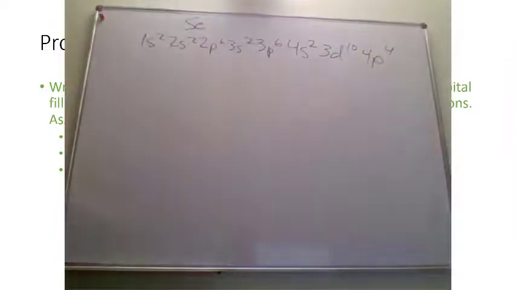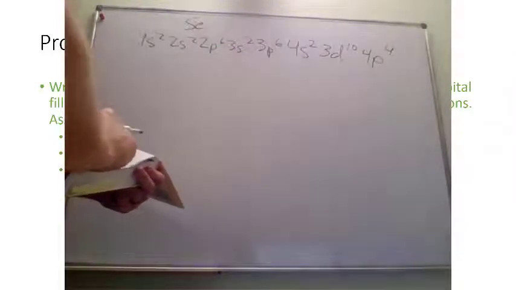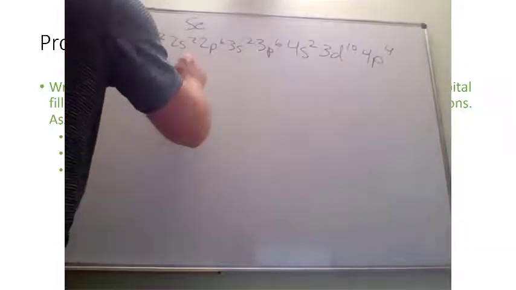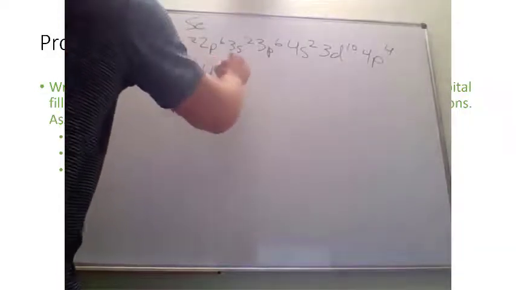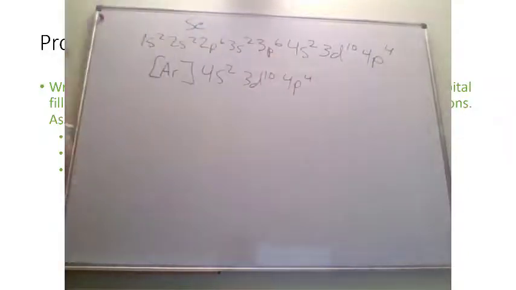So that's the longhand notation. If we look at the noble gas immediately preceding selenium, it's going to be argon. So we can write the shorthand as Ar, and then go forward from there: 4s2, 3d10, 4p4.